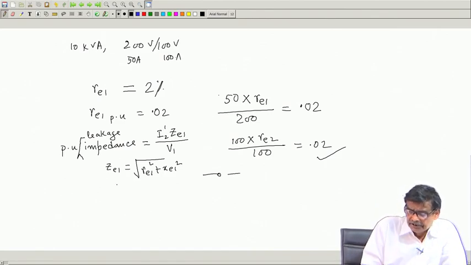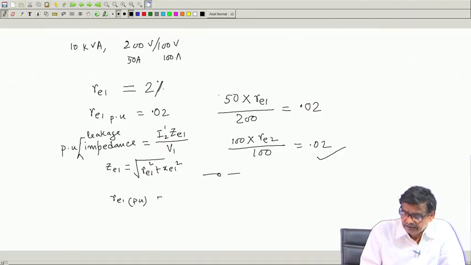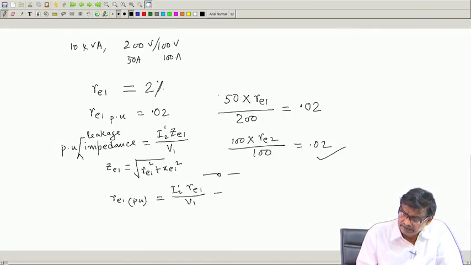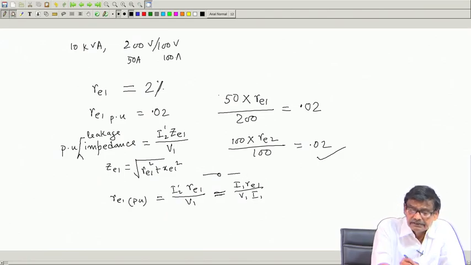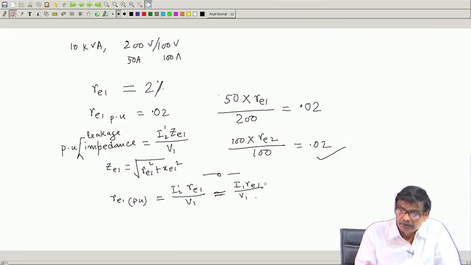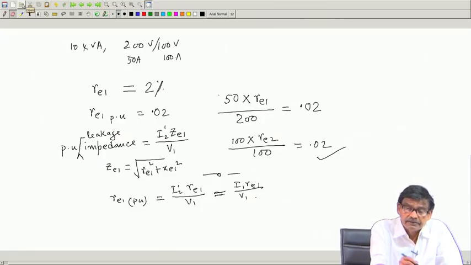Okay. Another interpretation of per unit, for example RE1 per unit: I told you it is I2' RE1 by rated voltage V1. Now, as you can see, I2' is approximately I1. So, I1 RE1 by V1.